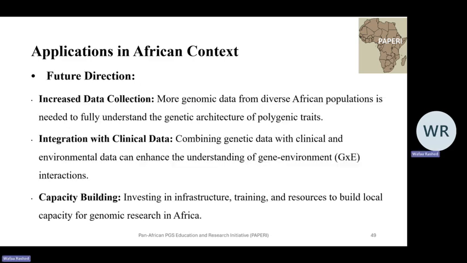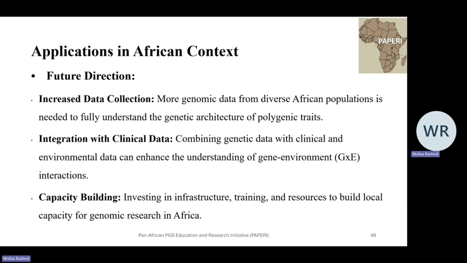For future direction for Africa, there are three main issues. Number one, more data collection. Number two, integration with clinical data. Number three, capacity building, which represents more training and infrastructure. More genomic data from diverse African populations is needed.